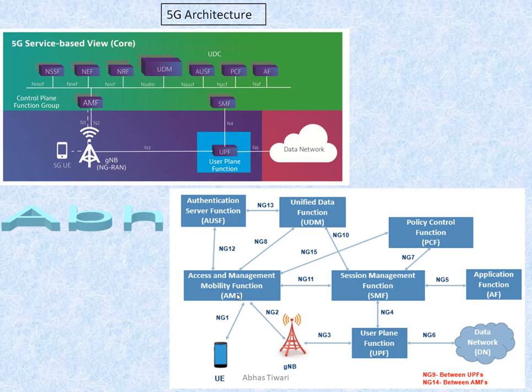The control related information, which was earlier NAS signaling as you have seen in 4G, UE was sending NAS to MME, but not directly, it was sending via NodeB. Here it does not need to send information through the gNodeB, it can directly communicate to AMF. So what are the main functions of AMF?